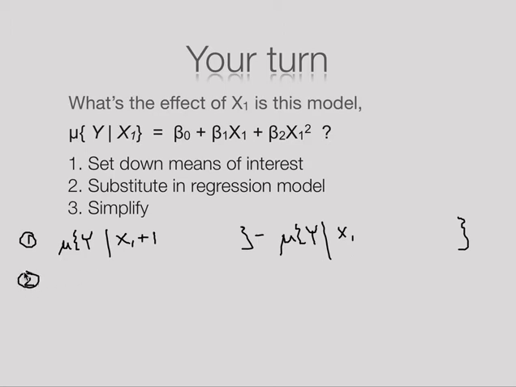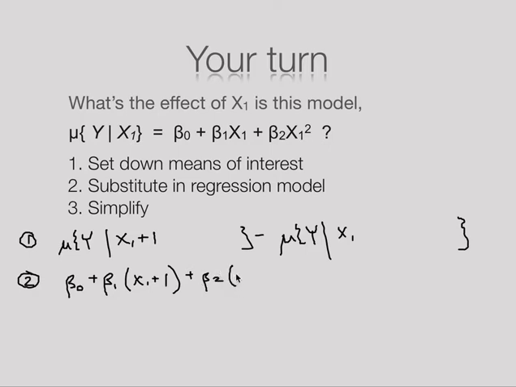Now I'm going to substitute in the regression model. So I want to substitute in the right-hand side of the regression model here. So wherever I see an x1 for this first term, I need to actually put in an x1 plus 1. So I'm going to have a beta 0 plus beta 1. Here's an x1, so I'm going to put instead x1 plus 1. And then there's a beta 2 times x1 squared.